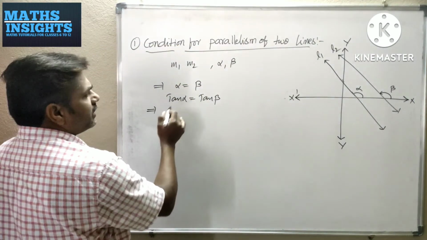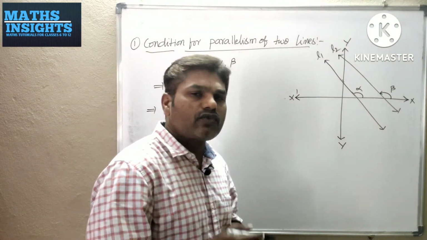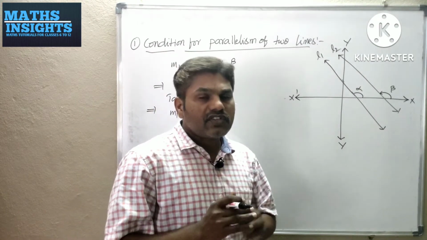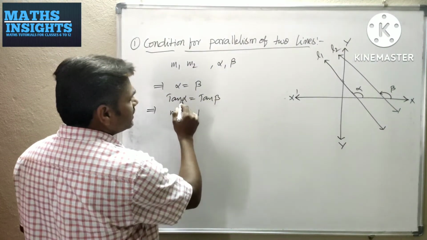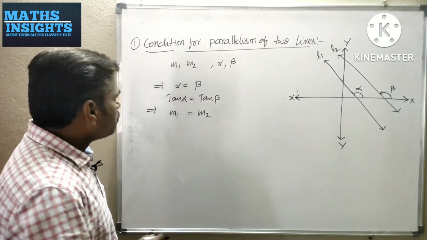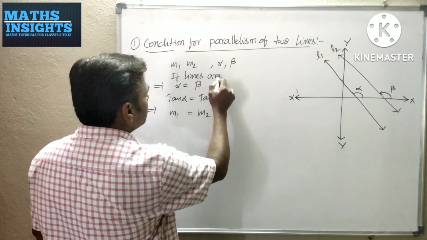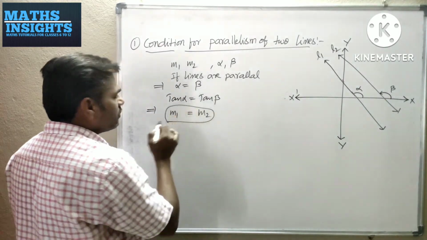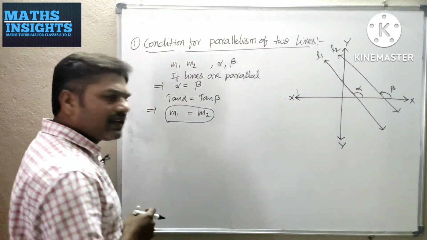Instead of tan alpha you may write m1, since you defined before that the slope of any line is tan of the inclination made by that line. So m1 is tan alpha and in place of tan beta I will write m2. So if lines are parallel, their slopes will become equal, and conversely if the slopes are equal, then the lines are parallel.